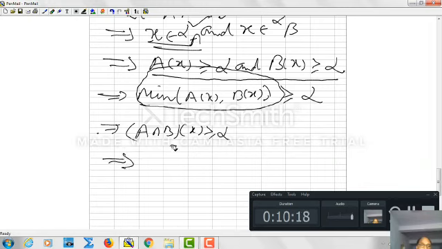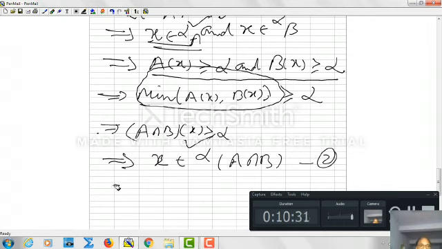So by the definition of alpha cut, x belongs to alpha cut of A intersection B. So this is the second. Then from this and this, we can write alpha cut of A intersection alpha cut of B is a subset of alpha cut of A intersection B, and hence the theorem.